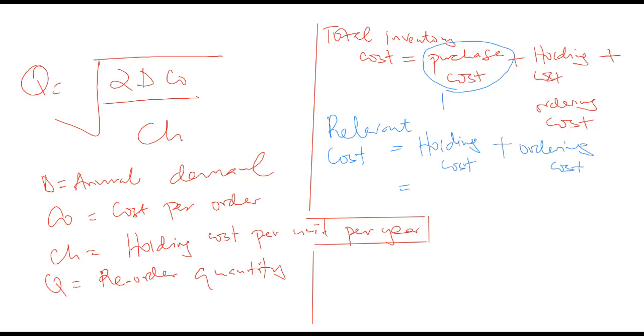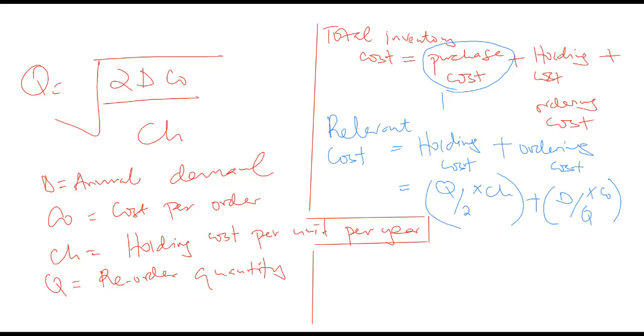The holding cost is given by the average inventory, which is Q divided by 2, times the holding cost per unit per year, plus the number of orders per year, D divided by Q, times the cost per order.